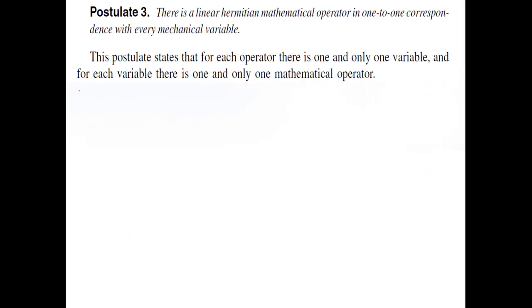Moving on to the third postulate. What it tells is that there is a linear Hermitian mathematical operator in one-to-one correspondence with every mechanical variable. Now what is a Hermitian operator? That is not a concern at this stage.